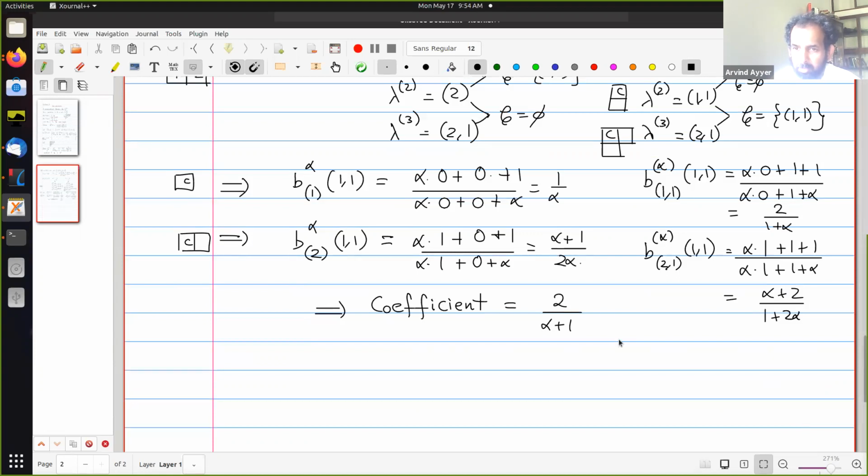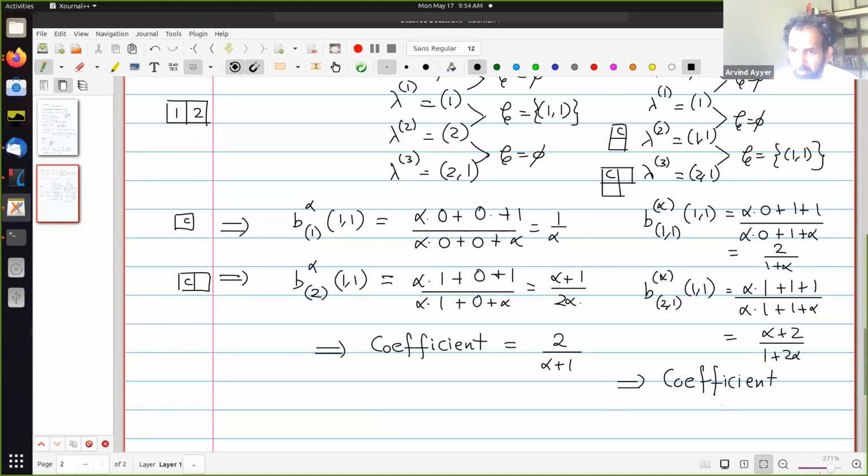And now the coefficient here is the ratio of these two things, this divided by this. So it's 2 times 1 plus 2 alpha divided by 1 plus alpha, 2 plus alpha.